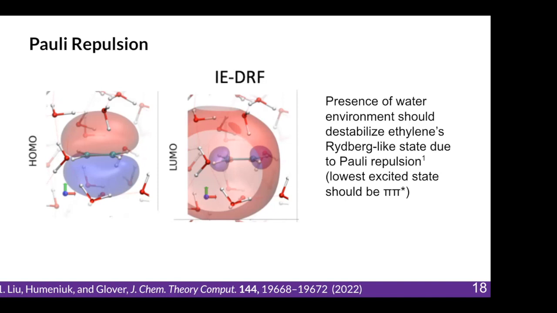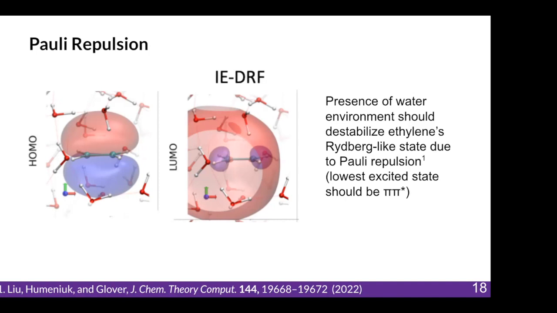But in environments where we have a lack of Pauli repulsion, that is a lack of the orthogonality constraint of the electronic environment of the MM atoms to the electrons on your QM atoms, then what we see is a severe artifact known as Rydberg valence mixing.